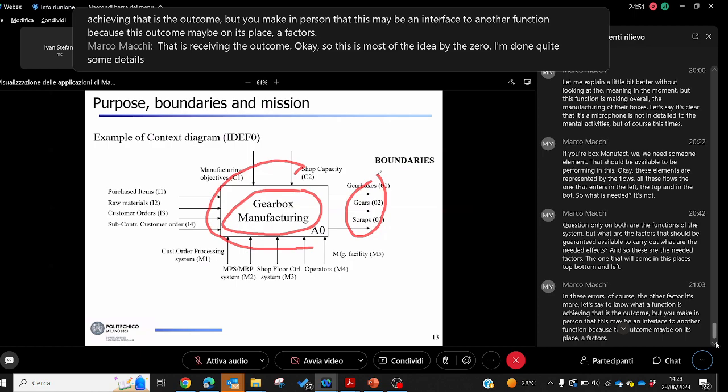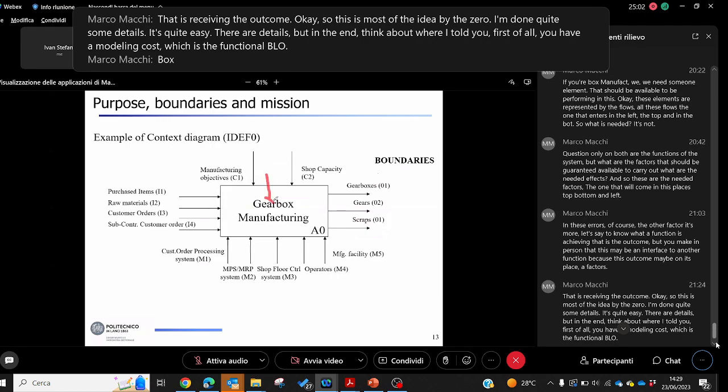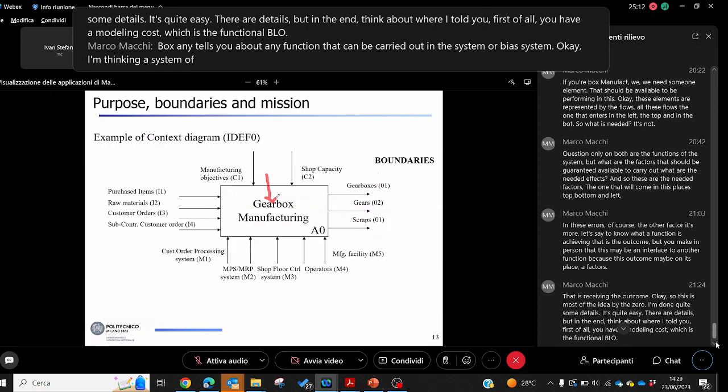It's quite easy. There are details. But in the end, think about what I told you. First of all, you have a modeling concept, which is the functional black box. And it tells you about any function that can be carried out in a system or by a system. Okay? I am saying in a system or by a system, depending on the context you consider.